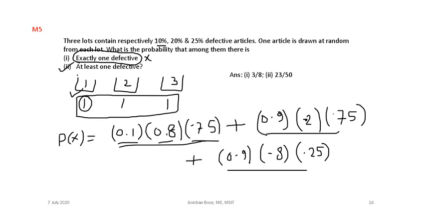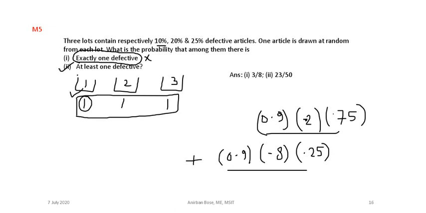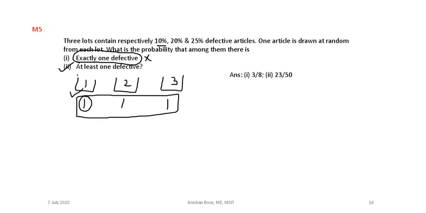Now consider the last problem, at least one is defective. Okay, to find out at least one is defective, again this term "at least", it is better to find the probability of the complementary event. So at least one is defective. If we consider this particular event as y, then what is y bar?